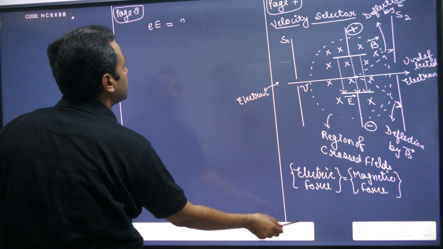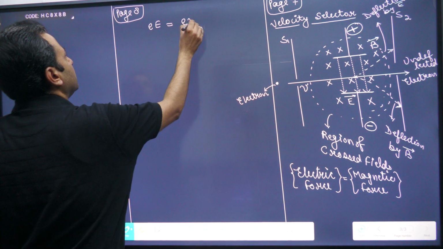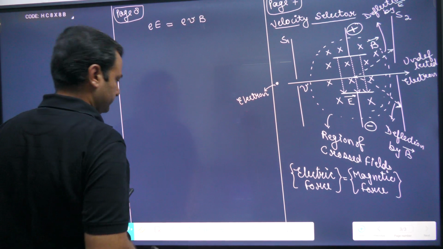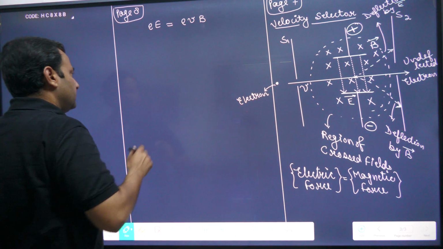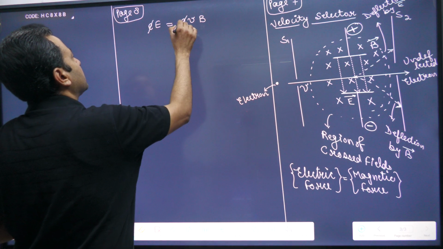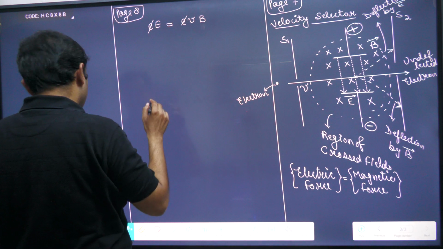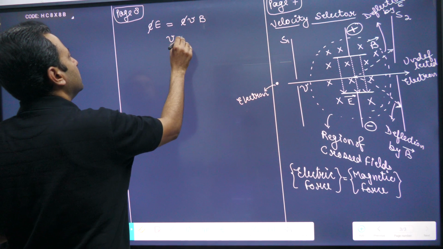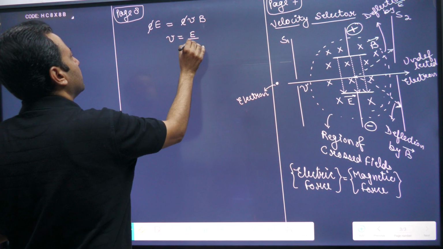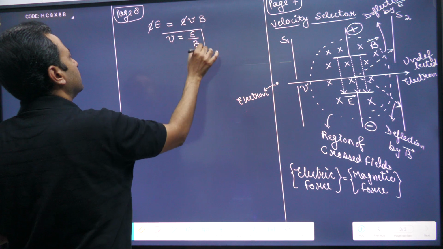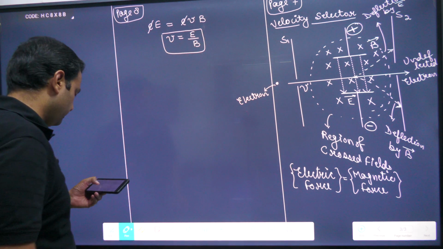And what is Q here? Q is small e. So eVB. e will get cancelled out. V is equal to E upon B. V is equal to E upon B.